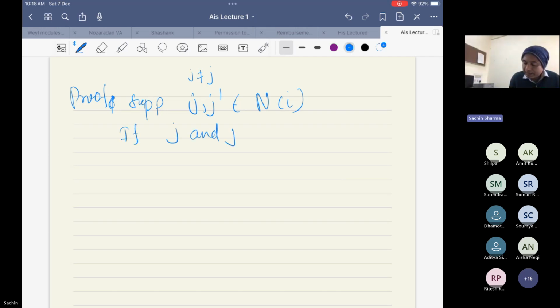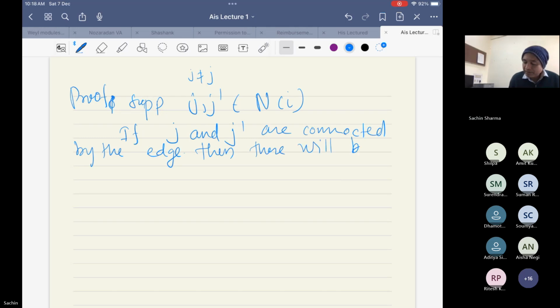So if J and J dash are connected by an edge, then there will be a cycle, which will contradict the lemma of 1.